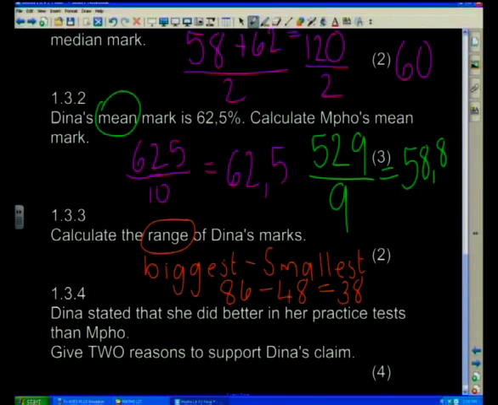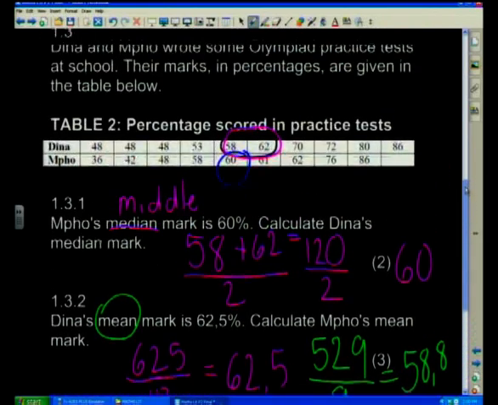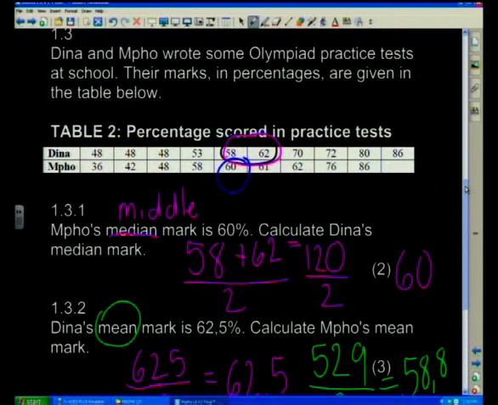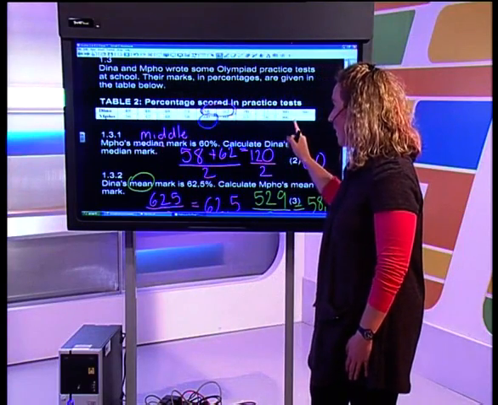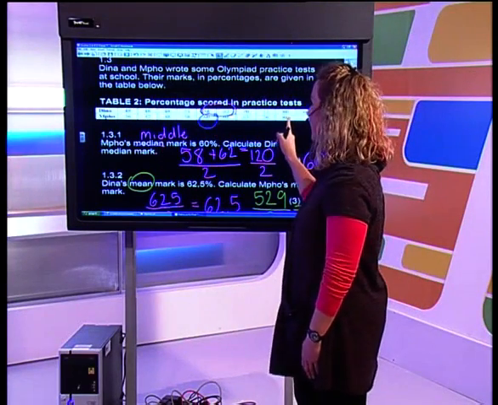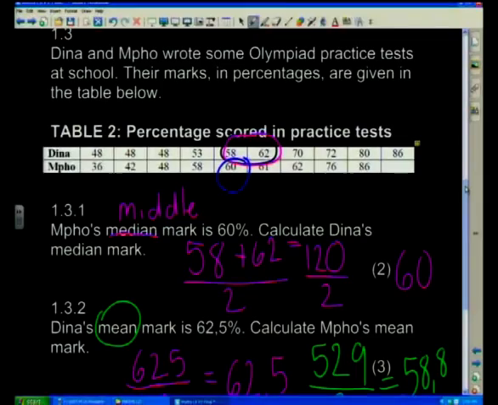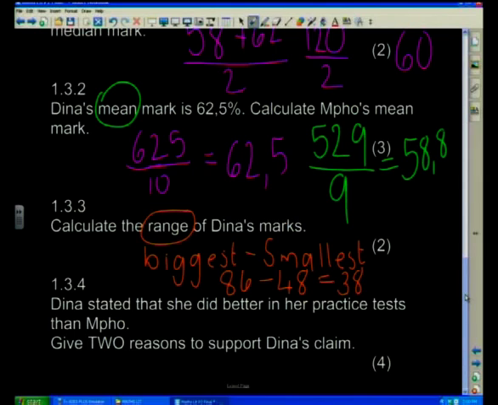I know it hasn't asked us to calculate Unpau's range, but let's do his anyway. It's always a good measure to compare the two. So Unpau's range would be the biggest number, they're in the correct order, from smallest to biggest, 86 minus 36. And let's change color. So his would be 86 minus 36.